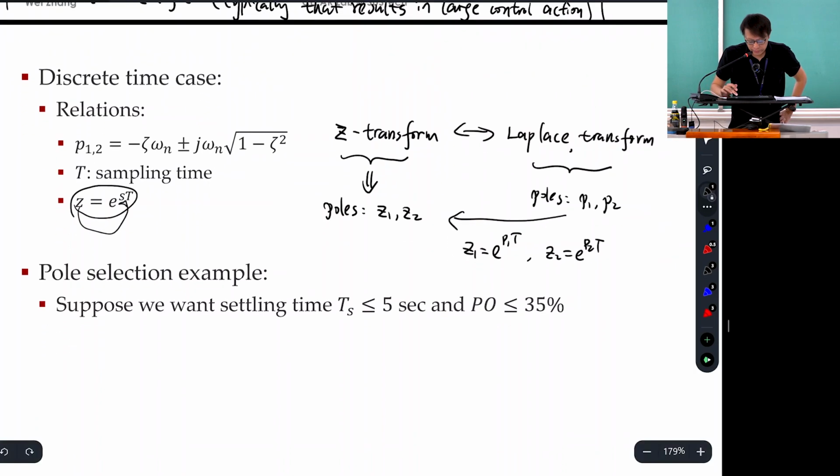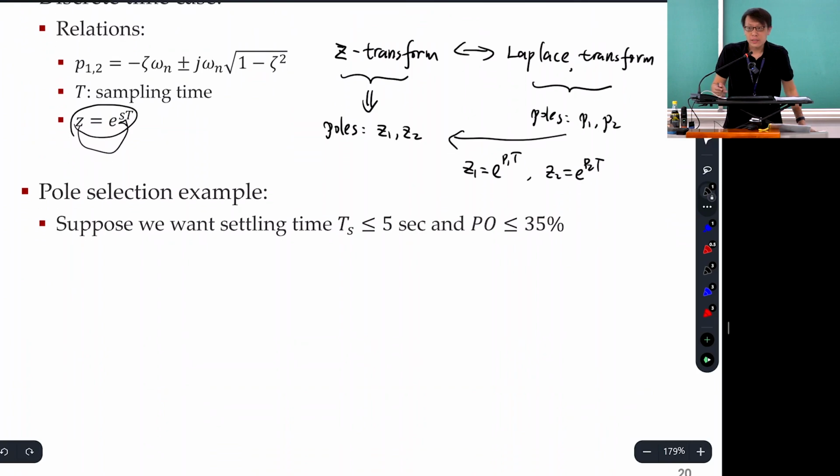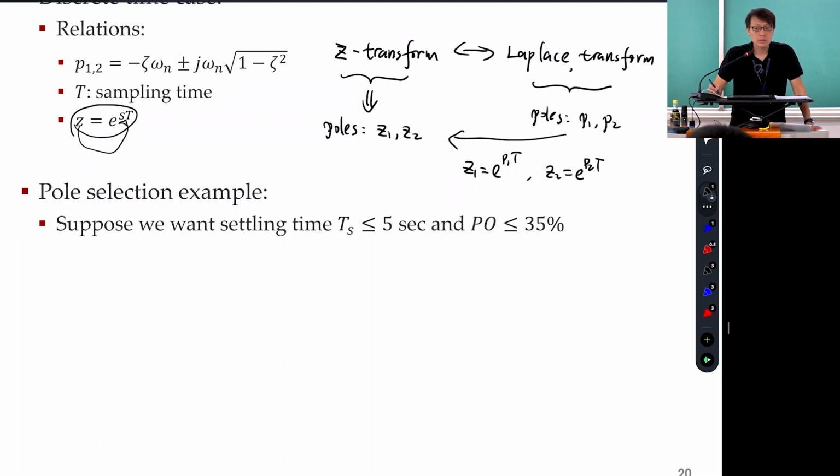Let's have the simplest design exercise. Suppose I gave you a continuous time system to start with. I want the settling time to be less than 5 seconds and percent overshoot less than 35%. It's not too hard. So what poles satisfy this requirement? There are a lot, and we can pick one.